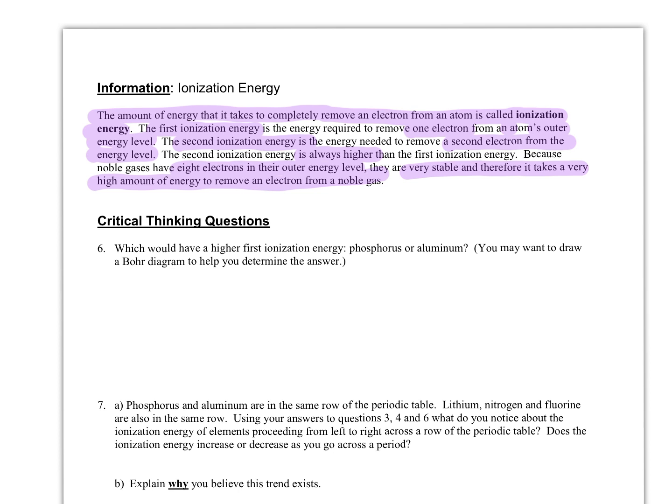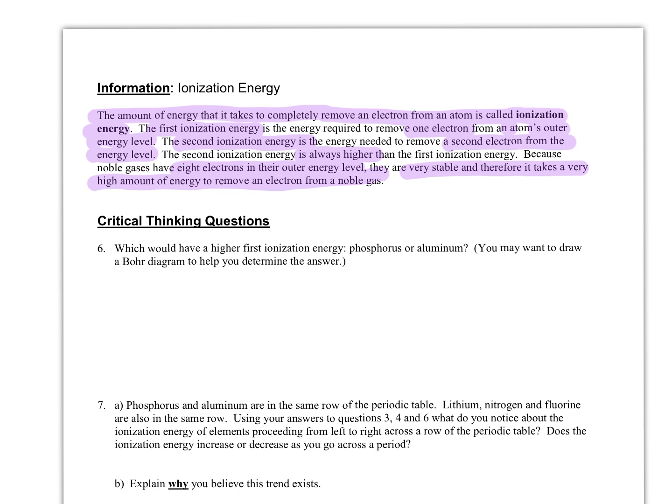Plus, another reason I would think as well is that there's just a stronger force trying to hold on to that electron. You took one away and the atom's holding on stronger to that second one.